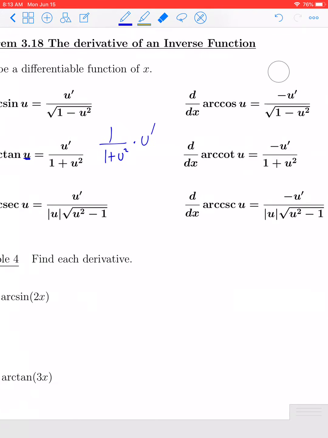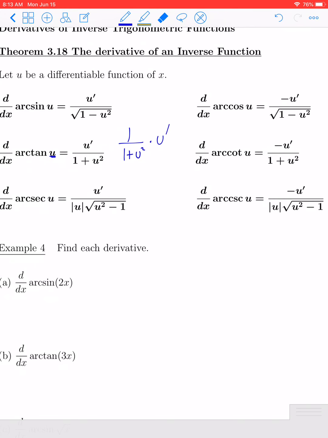If you look at these 6 derivatives, it's not as much to memorize as you might think. It's easy to pair them up: arc sine with arc cosine, arc tangent with arc cotangent, and arc secant with arc cosecant. They both have similar formulas, the only difference being the sign.